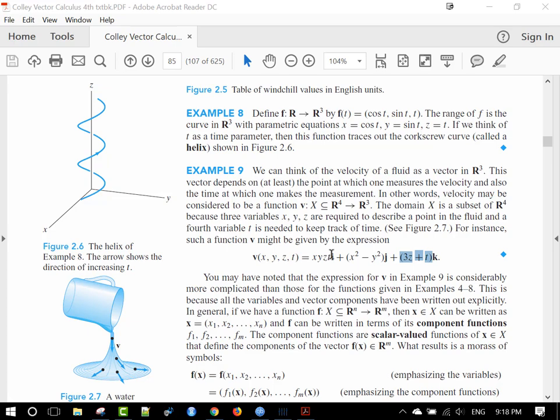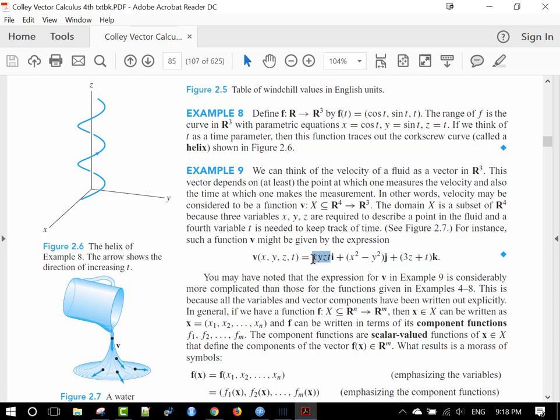And also, instead of calling it the ith component, because we don't always necessarily mean just 3 dimensions, like here we have just i, j, and k, but of course we want to allow for functions beyond just R3 as the output. So maybe we shouldn't call this the ith component, we'll just call it the first component, and we'll call this the second component of the output, and this we'll call the third component, and so on. And each of these is just a function, and each one is a scalar valued function.